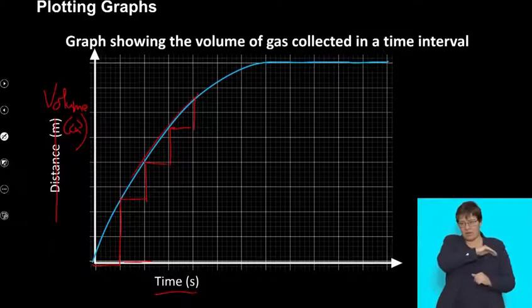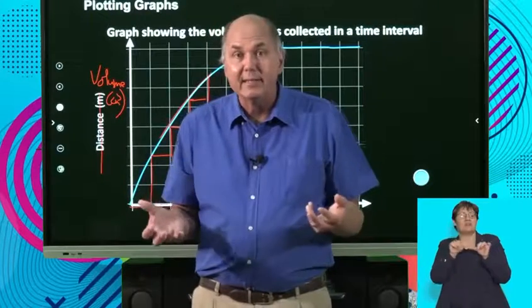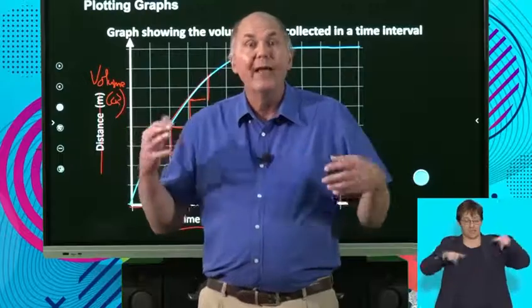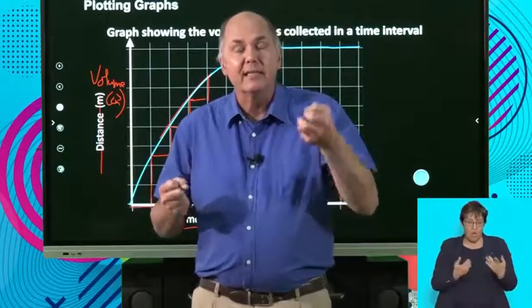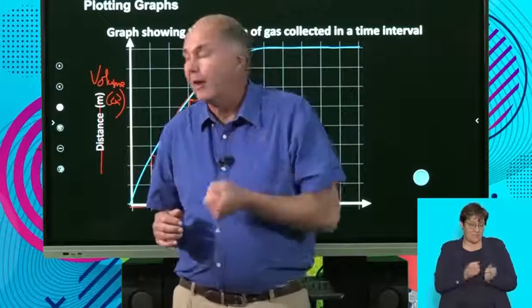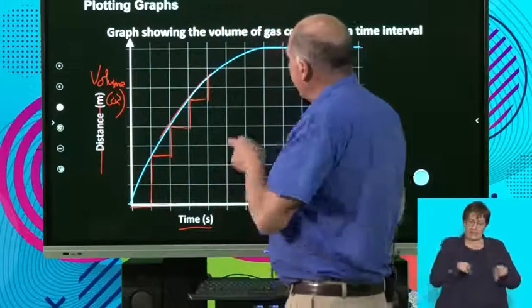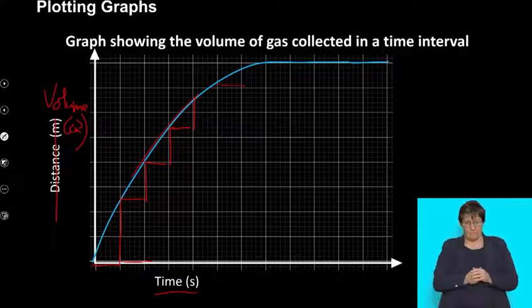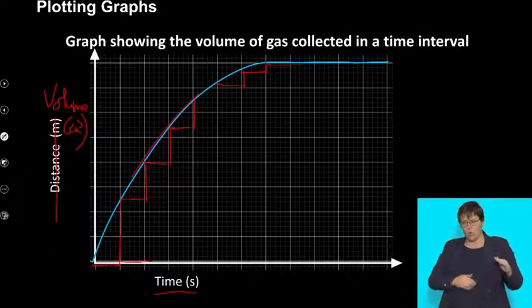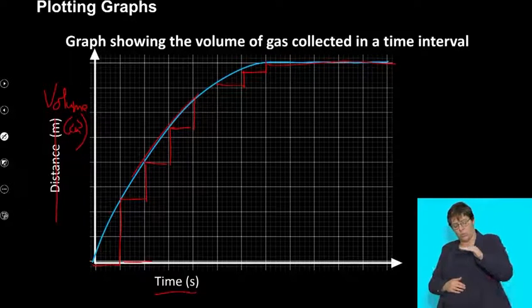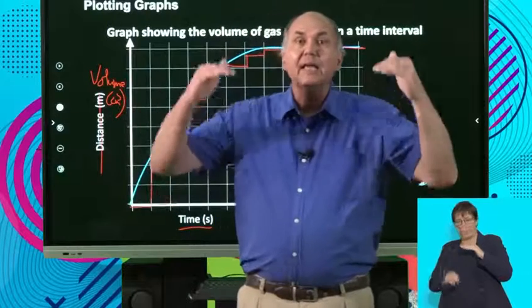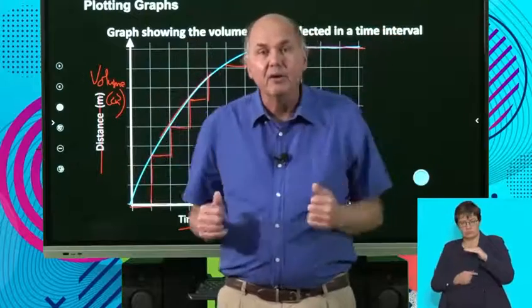And we could measure that and call it the rate of the reaction, the amount of gas collected per unit time. And it's happening at the same rate. But notice what's happening over here. It's slowing down. And even over there, it's slowing down. And over here, it's stopped. There's no increase or decrease in the volume of gas.